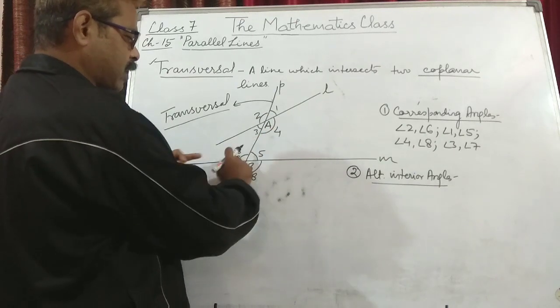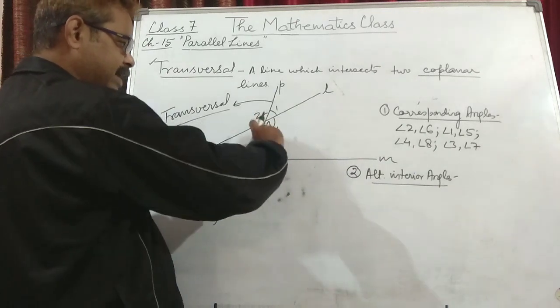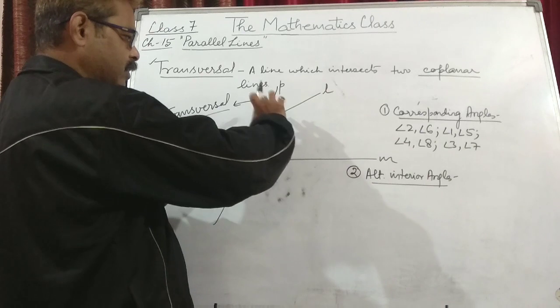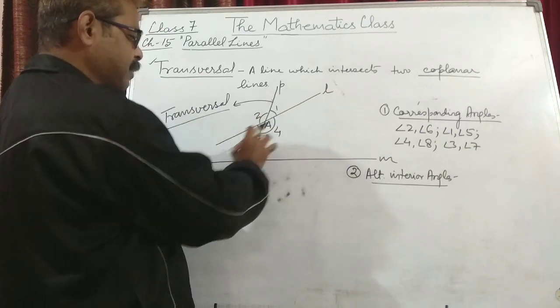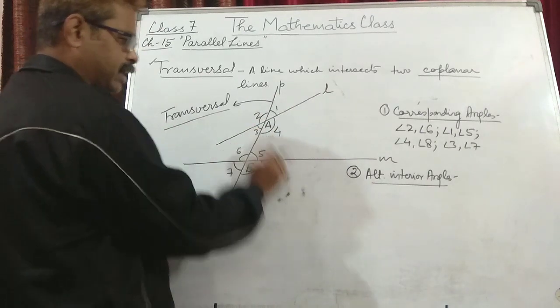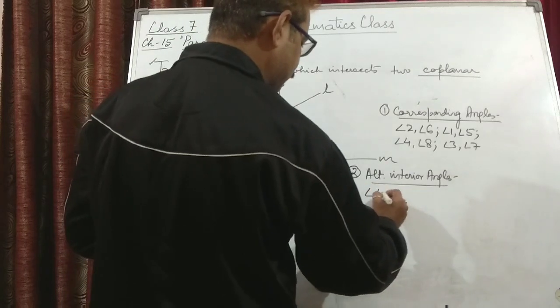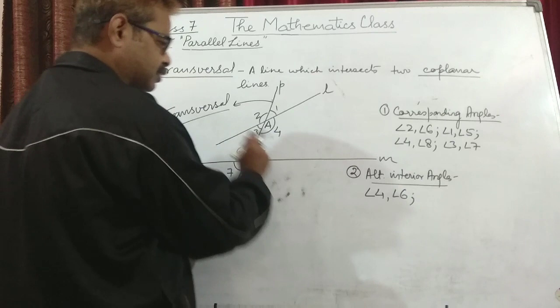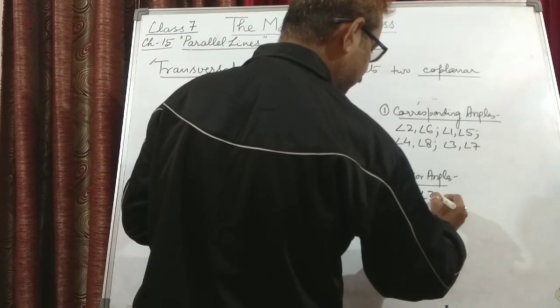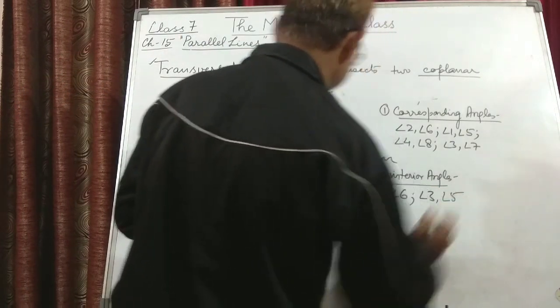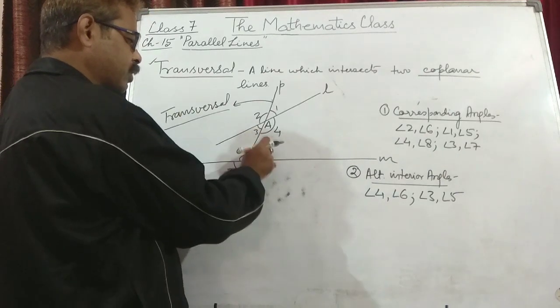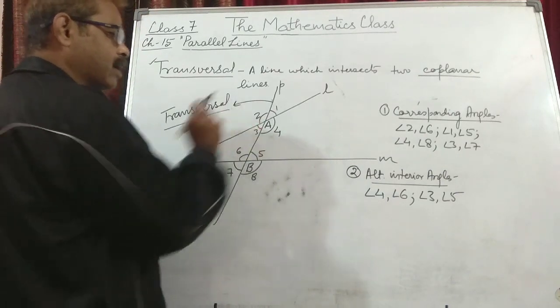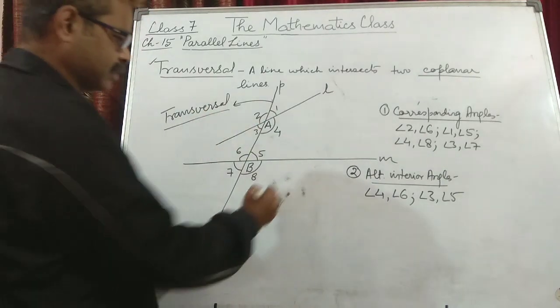So 6 and 4 are alternate, and since they are inside, or in between lines L and M, they will be known as alternate interior angles. So angle 4 and angle 6 are alternate interior, and angle 3 and angle 5 are alternate interior angles.